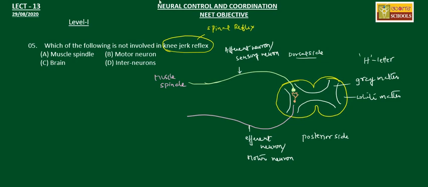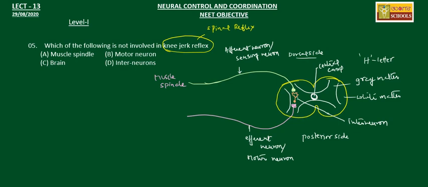You can see here there is an interneuron, and here you will find a central canal in which there will be flow of cerebrospinal fluid. This efferent neuron is connected to the motor end plate in the effector organ.